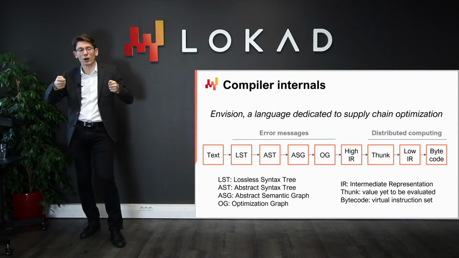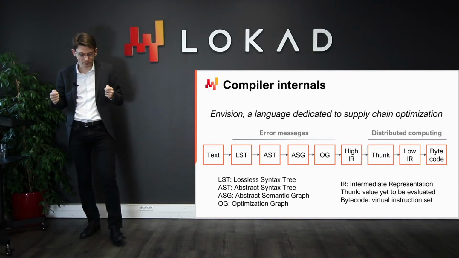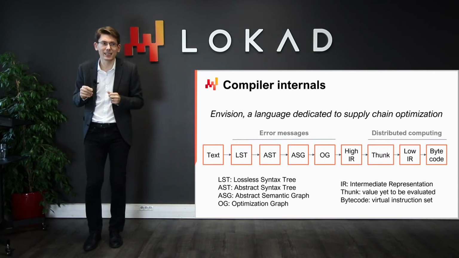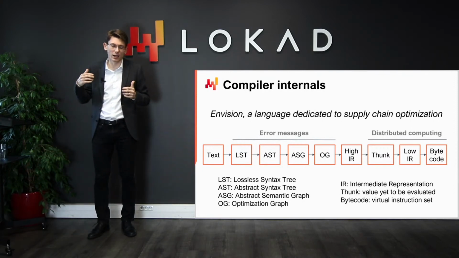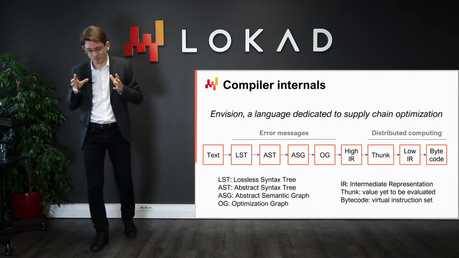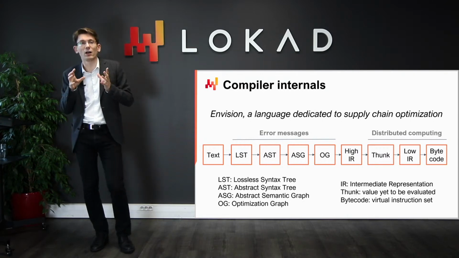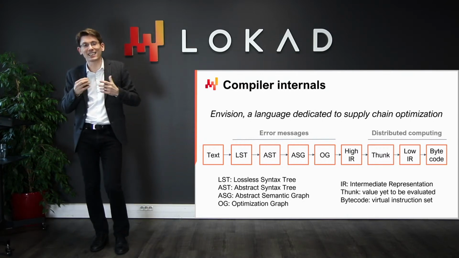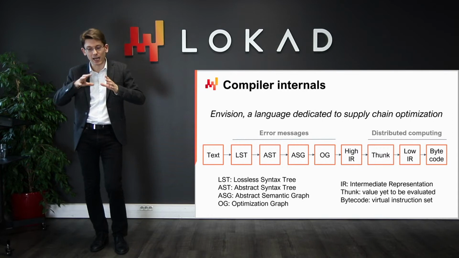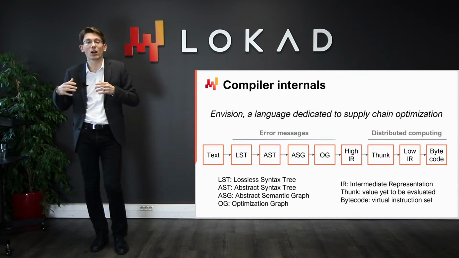a whole series of operations called desugaring the tree. It's a very technical term. In compilation, a sugar is just a syntax that is provided for the benefit of the end programmer.